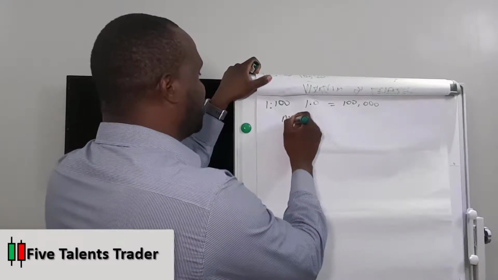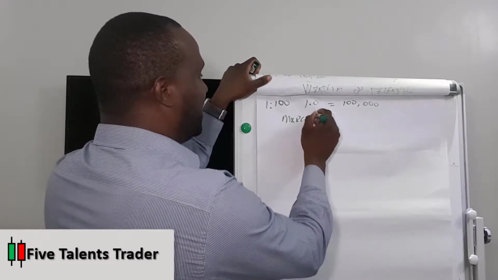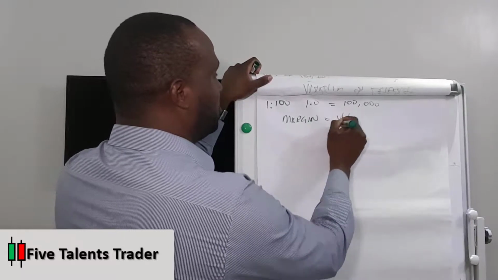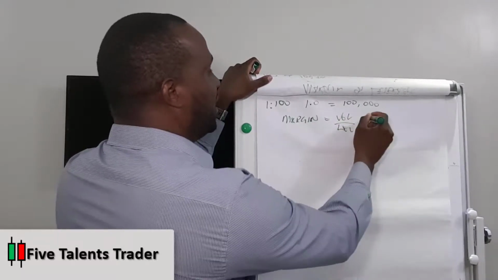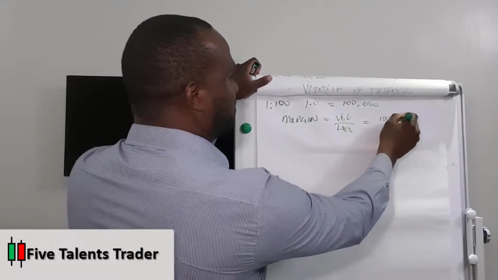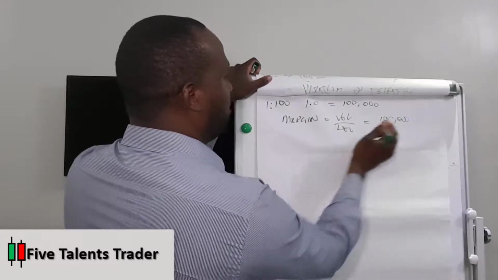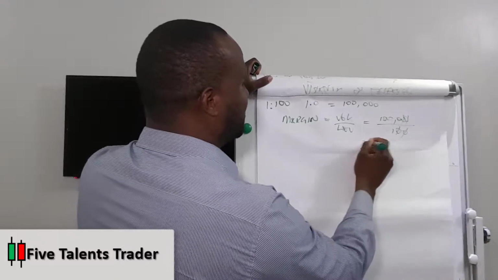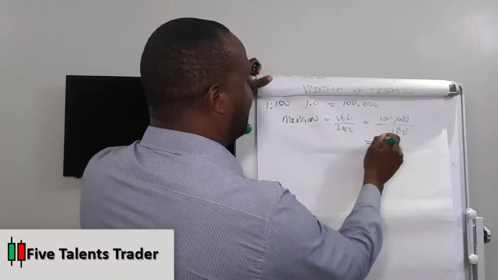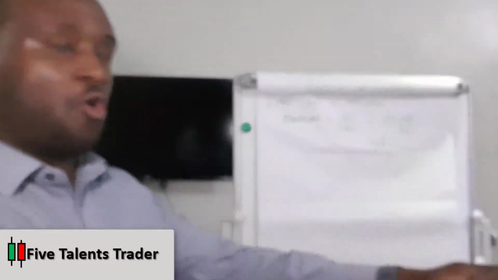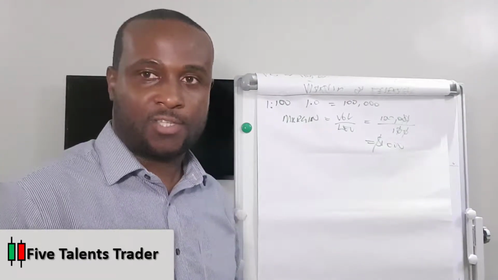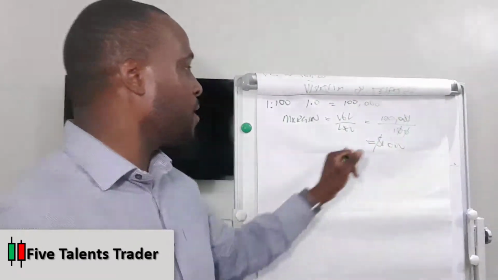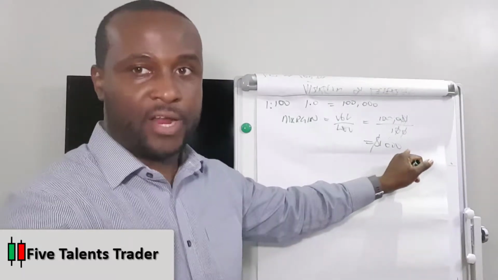And since margin is equivalent to volume over leverage, that will be 100,000 over 100, my leverage. And when you cancel the zeros out, it means I need to have available, the broker will hold in trust, just like a down payment, $1,000 for that trade.